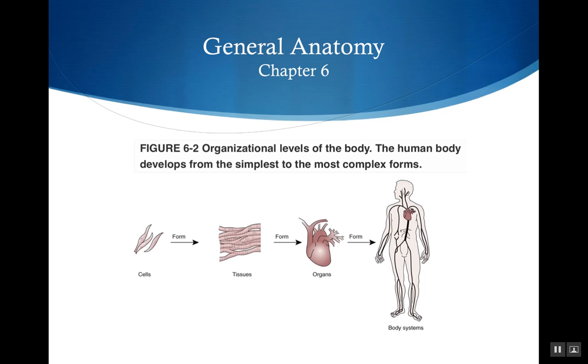All right, so as we continue on looking at general anatomy of the body, the human body is incredibly complex, but it can be easily understood when we break it down into small units. So this figure shows the human body from the simplest to the most complex, beginning with the fertilized egg, which divides into two cells and then continues to multiply and multiply until tissues such as epithelium, muscle, cartilage, bone, and blood are formed.